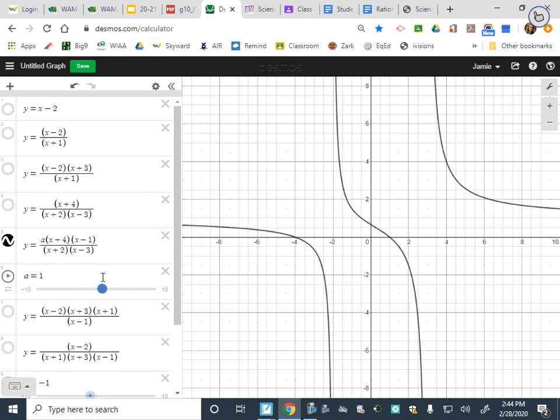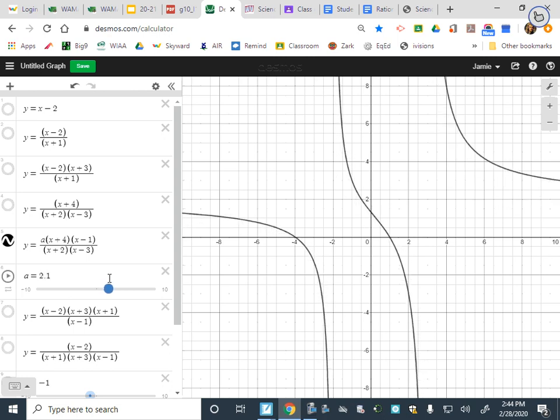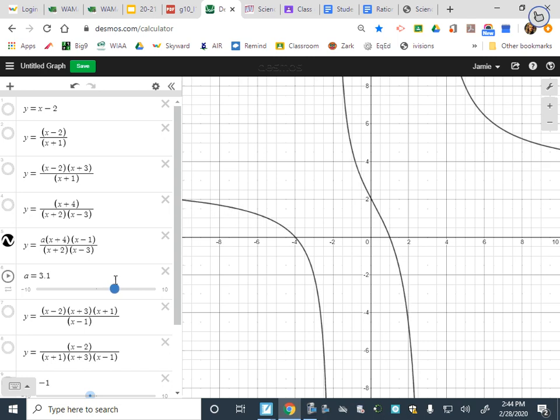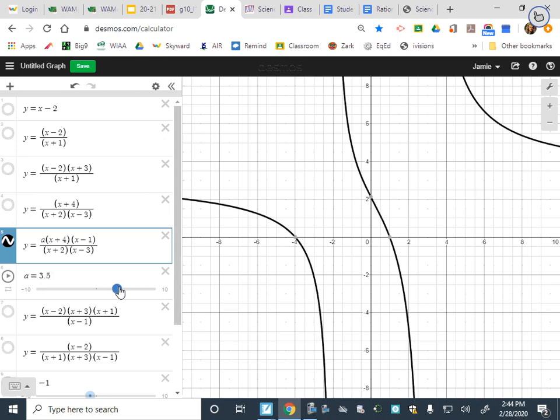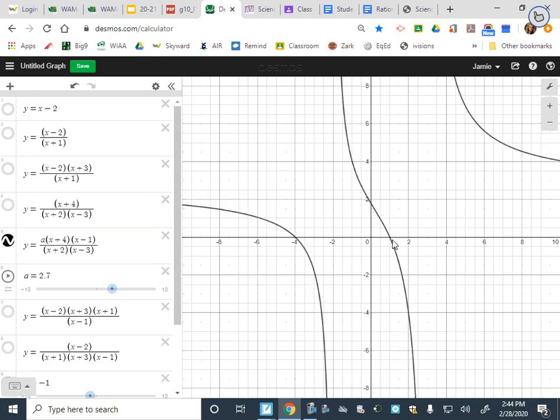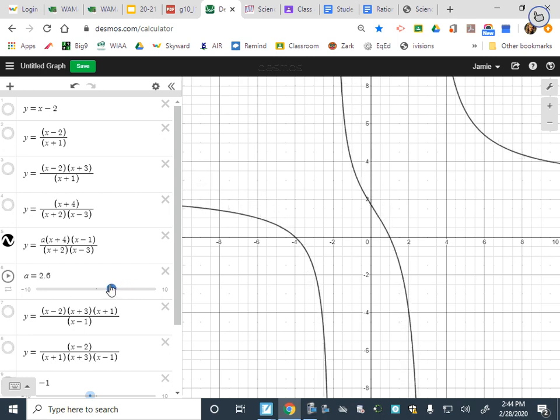Okay, there's the a of 1 that I had before. What's happening as I increase the value of a? Horizontal stretch. Okay. Is it stretching horizontally? No. Vertically, right? These points where it crosses the x-axis aren't changing at all. They're staying exactly where they are.